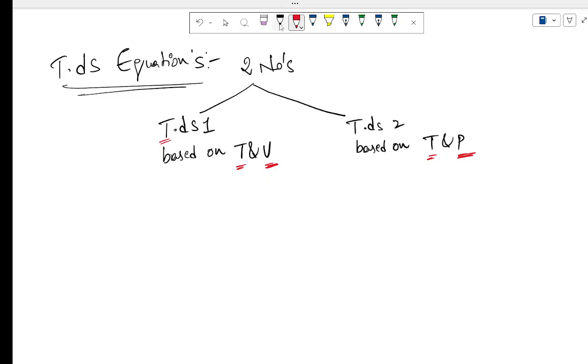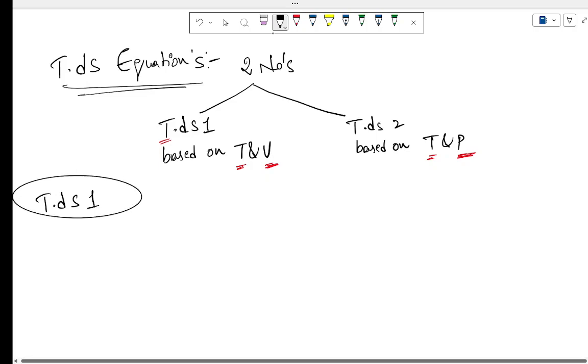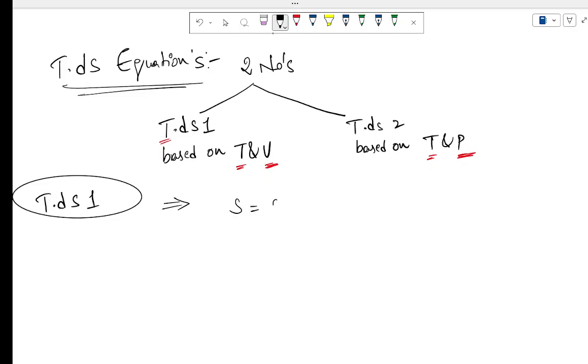So in order to derive the TdS1 expression, we will consider that the entropy is a function of temperature and volume.